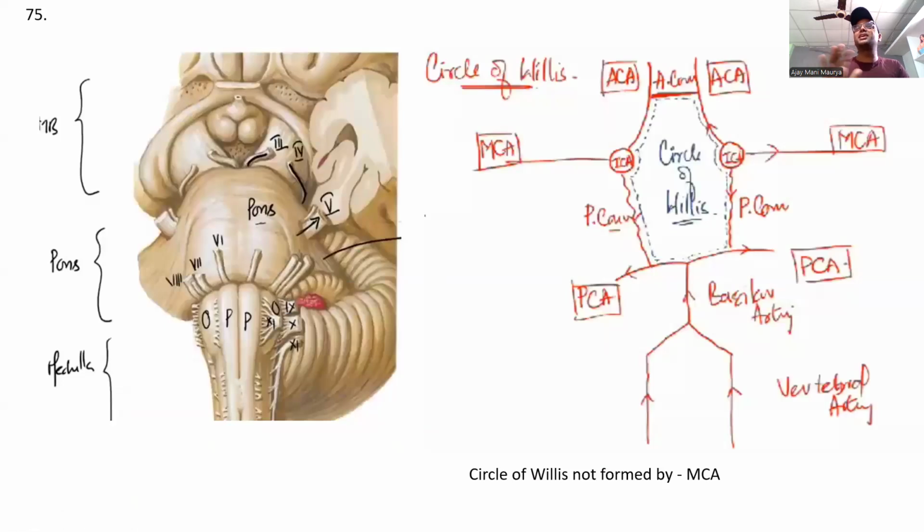And also, guys, please remember the circle of Willis. The circle of Willis is formed by the anterior, posterior cerebral arteries. See here, posterior communicating artery, internal carotid artery, anterior communicating artery, anterior cerebral artery.